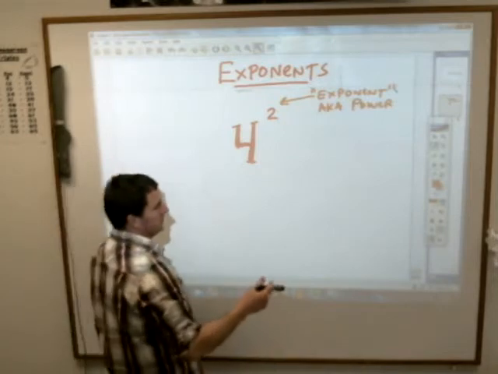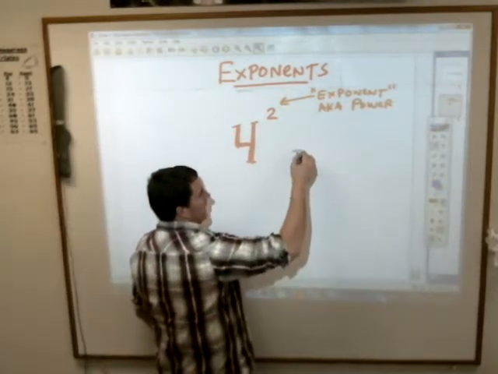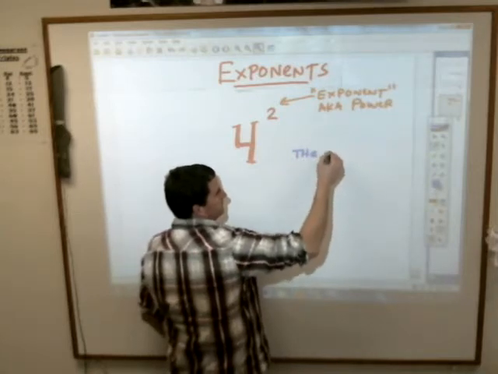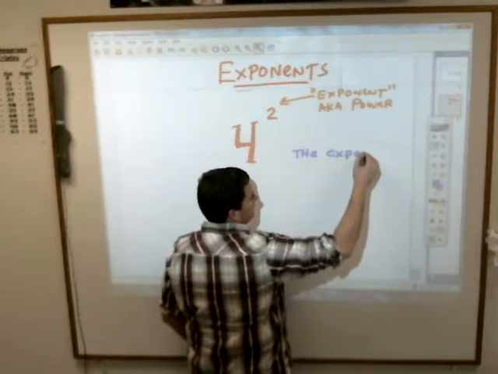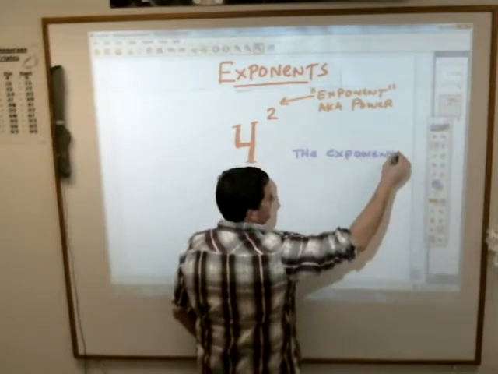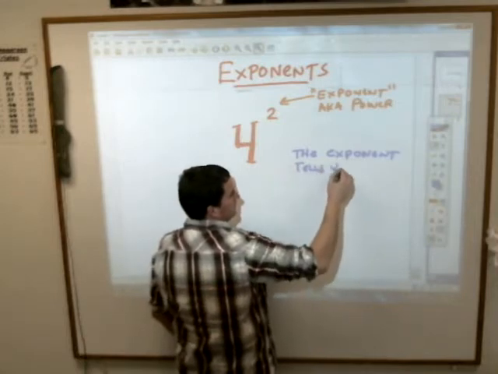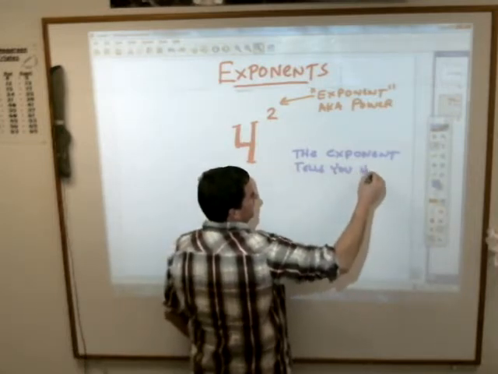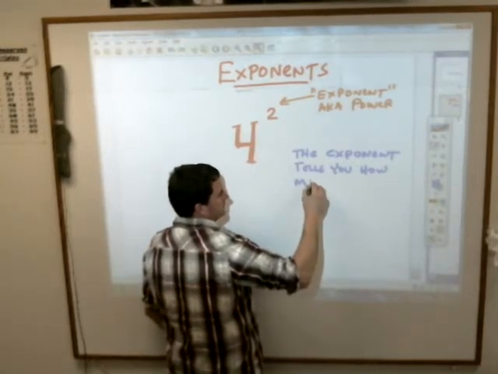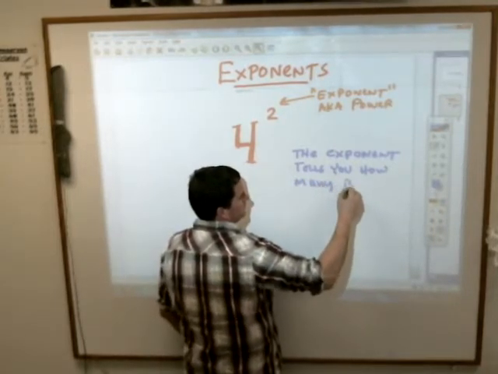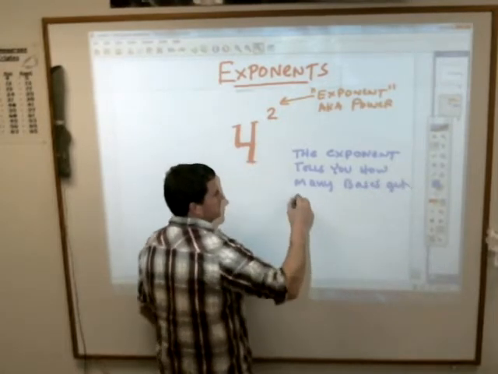Okay, what it does, and write this down here: the exponent tells you how many bases get multiplied together.